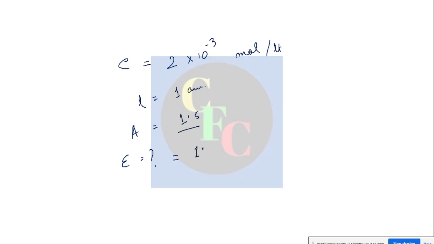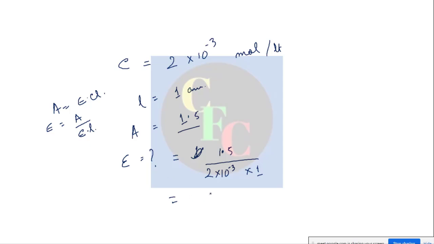First let us write: absorption equals epsilon C into L. So epsilon equals A by C L. A is 1.5, C is 2 into 10 to the power minus 3, and L is 1.